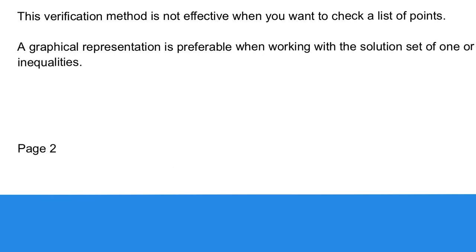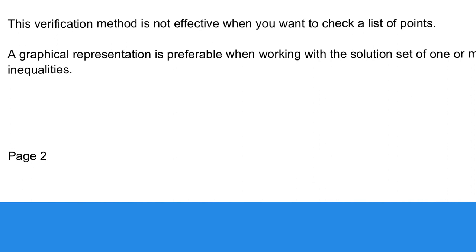Eventually we're going to get to situations where we have multiple inequalities and we have to check them all, which can be very annoying to do individually using the method above, but with a graph, it's actually quite straightforward. We'll get to that in a little bit, but for now, we're just going to keep going with individual inequalities.